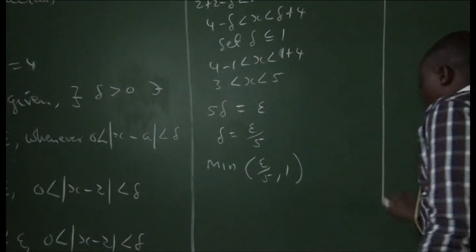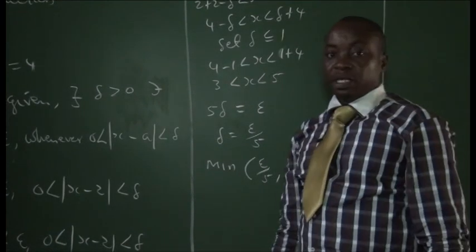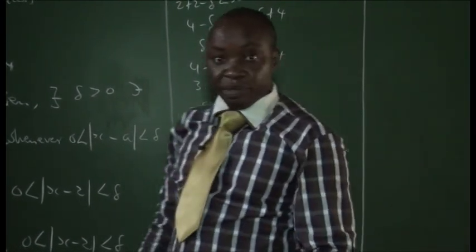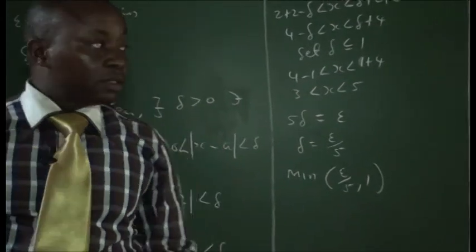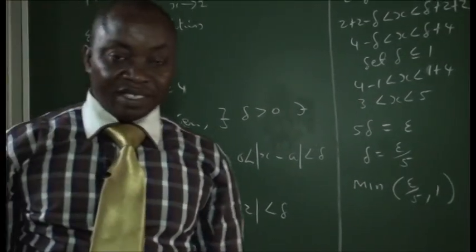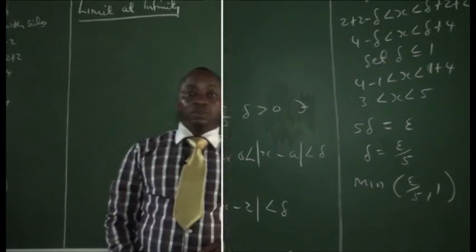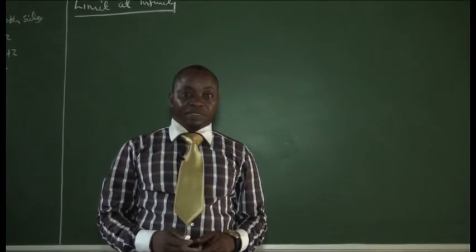All right, so now we'll move to another kind of limit that we talk about, limit at infinity. That is what we want to do now. Next, we look at limits at infinity.